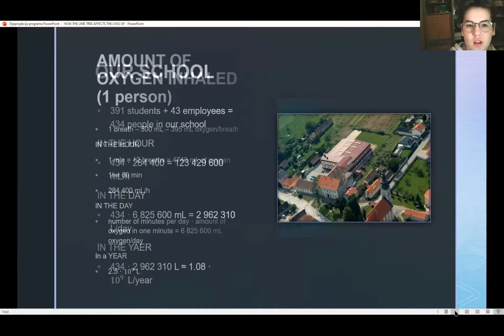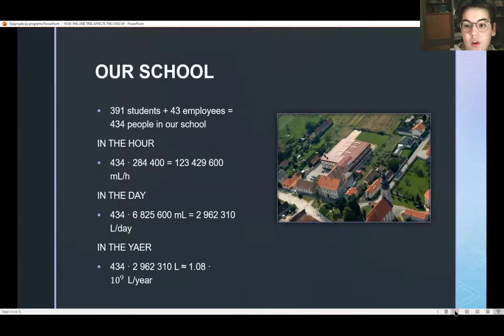Since I did this project for my math class, I took my school as an example. There are 391 students and 43 employees in our school. That means that there are 434 people in our school, so we need 123,429,600 milliliters of oxygen per hour.